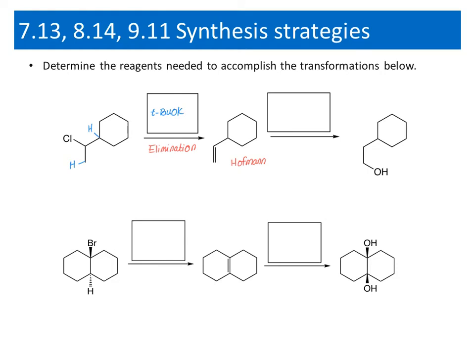Now, if you look at the next step, I have an alkene, which is converted to the alcohol. So basically, I have added OH and hydrogen across the double bond. So the hydrogen is not drawn, but I know it's there. Now, addition of OH and hydrogen across the double bond can remind me of hydration or hydroboration oxidation of alkene.